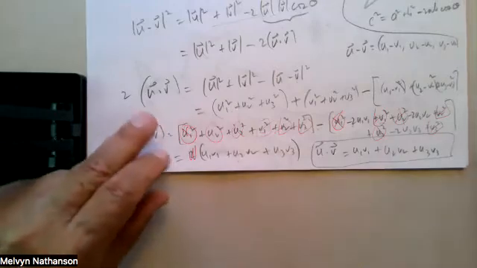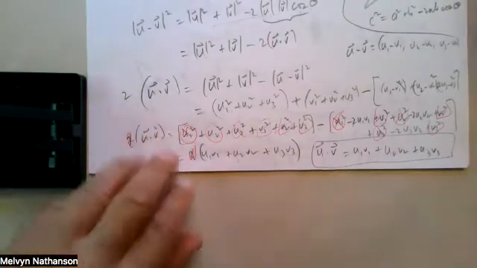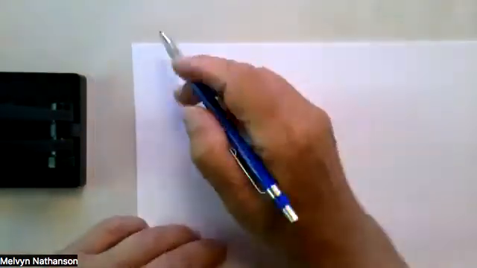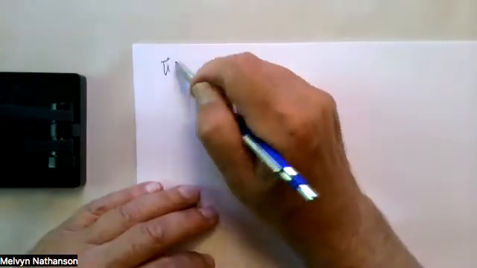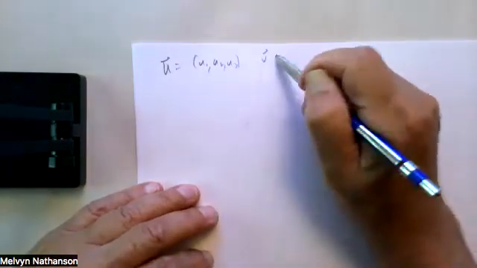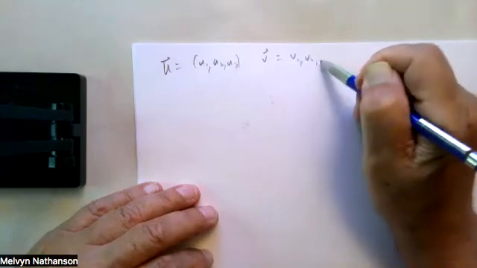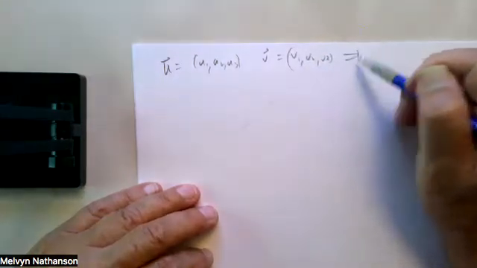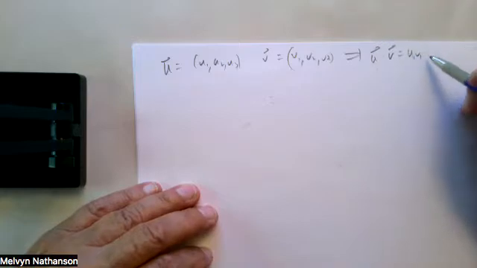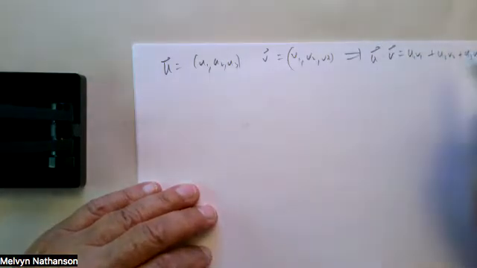So if you're given 2 vectors, this is almost always the way you calculate their dot product. Let me just write that formula down again. If u is (u1, u2, u3), and v is (v1, v2, v3), then the dot product of u and v is u1v1 + u2v2 + u3v3.